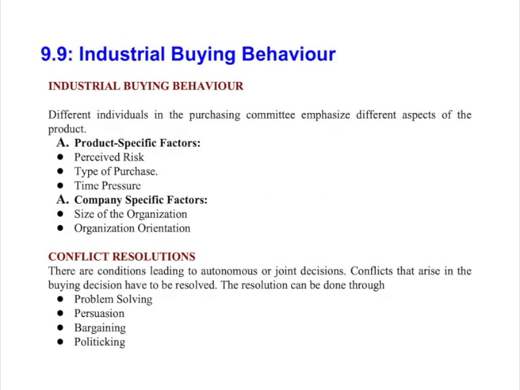So, we also need to understand that in terms of product specific features and company specific features which are part of the decision process, there are also certain conflicts that arise, and conflict resolution is a very important part of industrial buying behavior. This could be in terms of problem solving, persuasion, bargaining, politicking, etc.